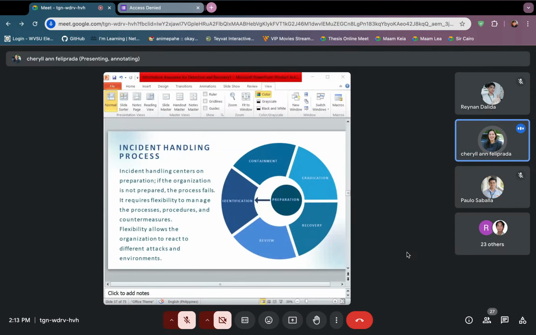Not every minute counts, but when we say digital transactions and digital marketing, every second counts. So that would be the process for incident handling.